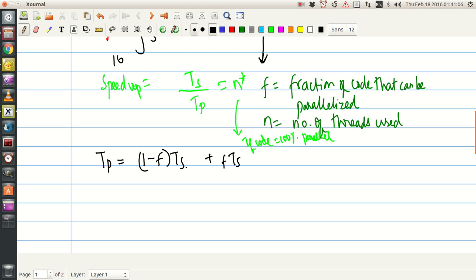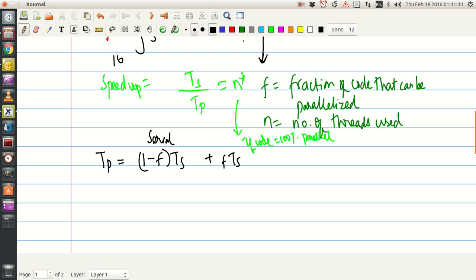If we add them up, this will turn out to be ts again, if there is no speed up. Now here's the thing: you cannot do anything about this time because this region is the serial part which you cannot parallelize, whereas this is the parallel part.